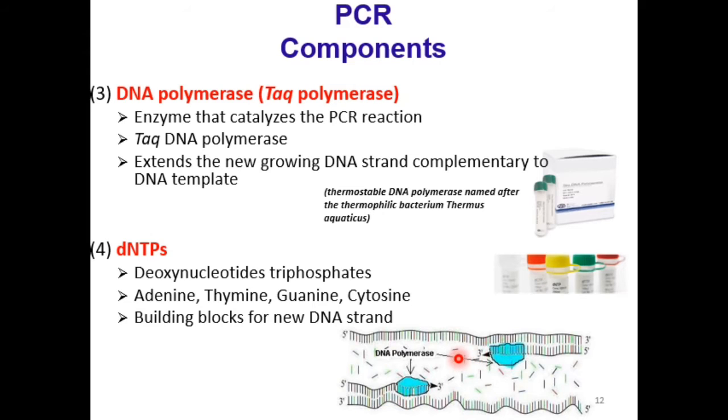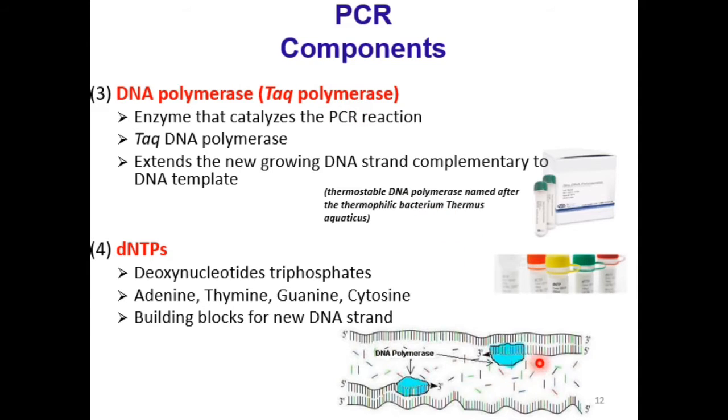This one will be extended by DNA polymerase, and this one also. This DNA polymerase comes from bacteria. It is a thermostable polymerase, named from the thermophilic bacterium Thermus aquaticus.